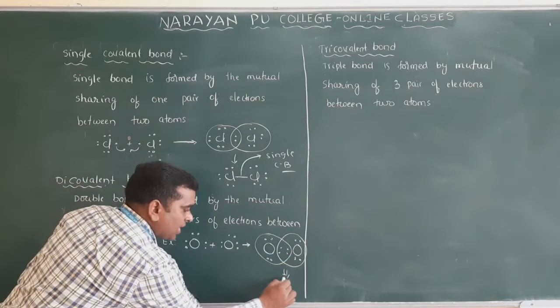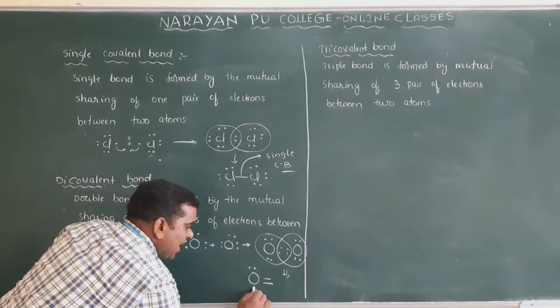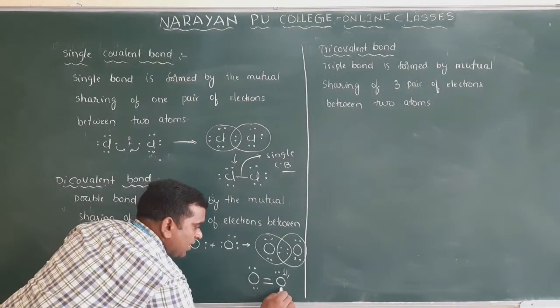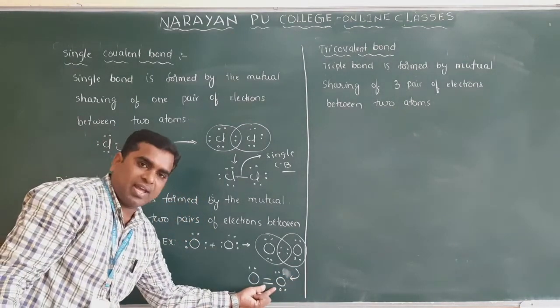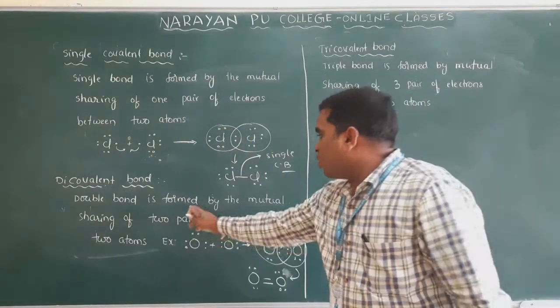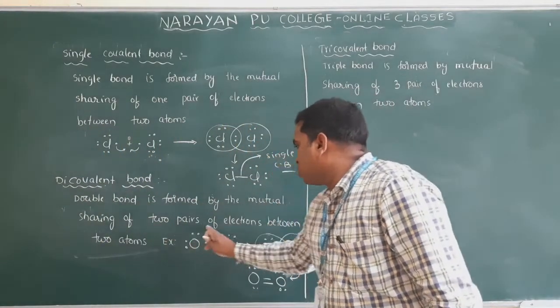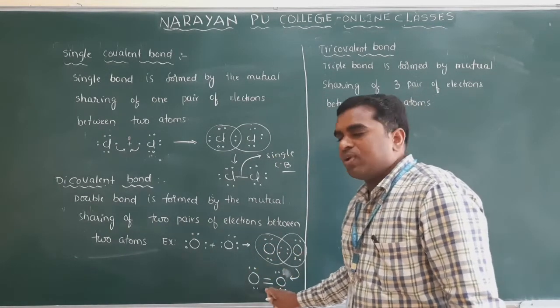So we can write oxygen, and those 2 pairs I will write as a double bond. This can be written like this. So this is a covalent bond formed by the mutual sharing of 2 pair of electrons. These 2 pair of electrons are shared by both atoms, and you will get the double bond.